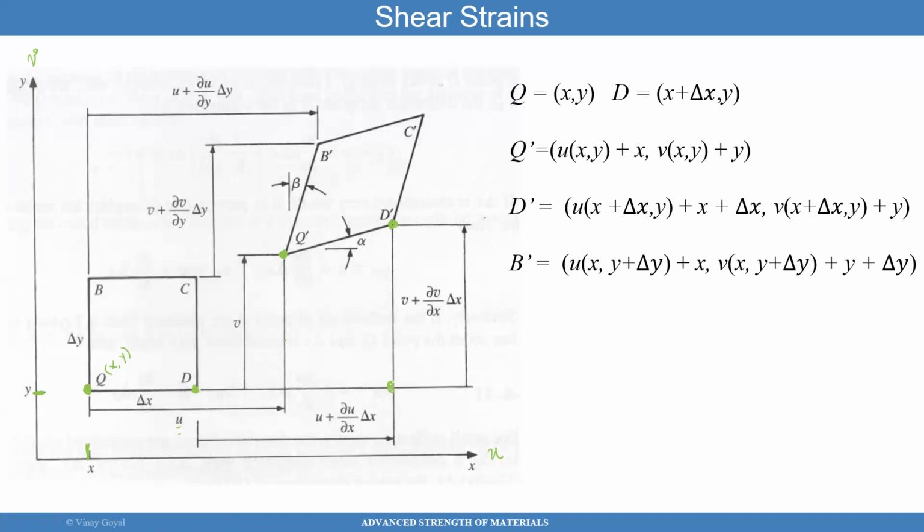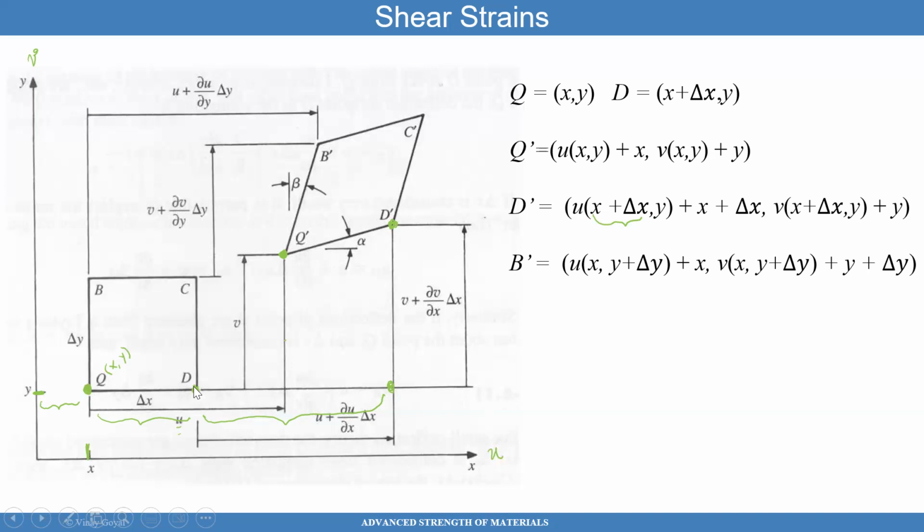Well, that is not hard to figure out because that coordinate is this x here, plus delta x, plus the deflection from there all the way to here. But the deflection, isn't that just the deflection U evaluated at x plus delta x, comma y, which is exactly what the coordinates of D are?